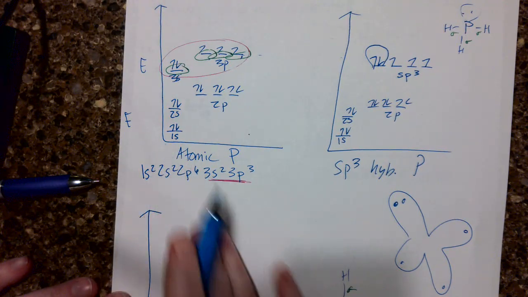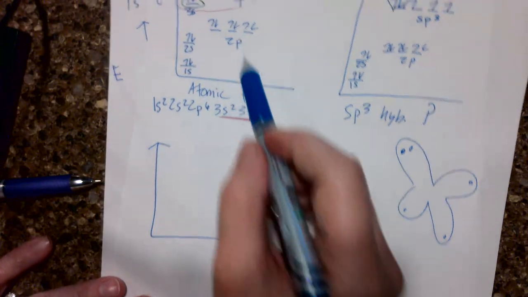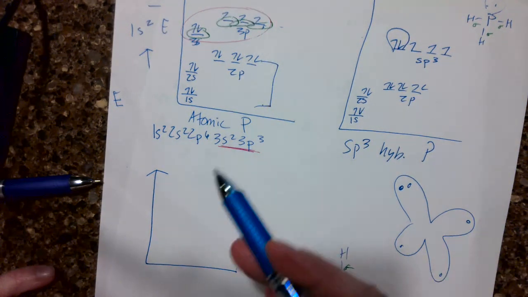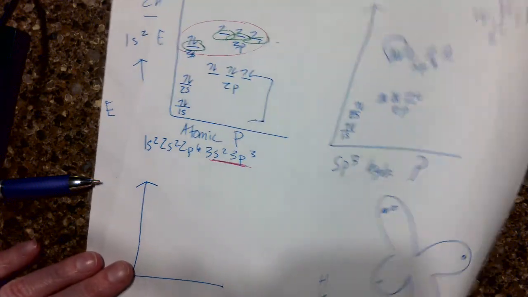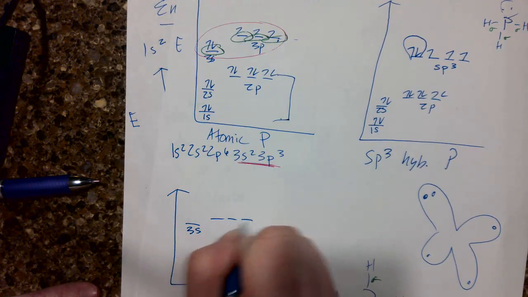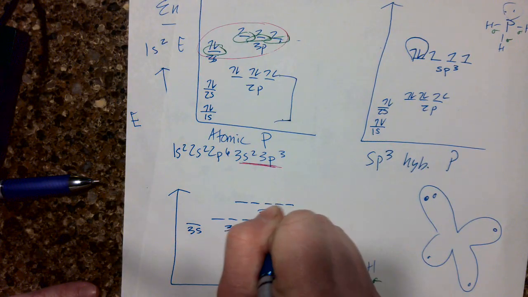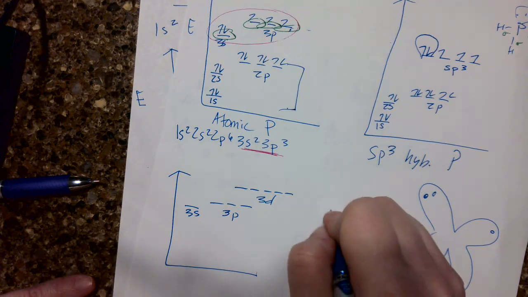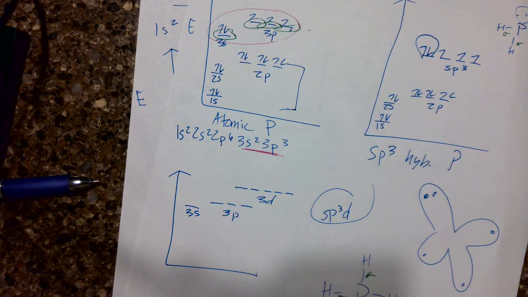And just for the sake of time, so it doesn't get too messy, I would technically have to rewrite all of this as the core electrons, so I'd be writing 1s2, 2s2, 2p6. So I'm just going to focus on this part right now for brevity. But with 3s, 3p, I know for a fact that I have to have access to 3d or else I'm not going to be able to make sp3d hybridized phosphorus.